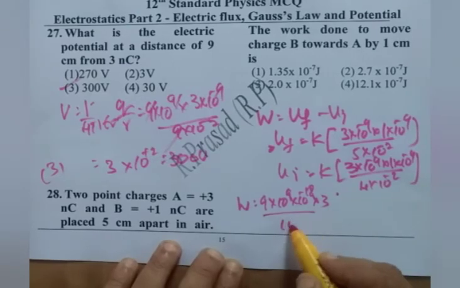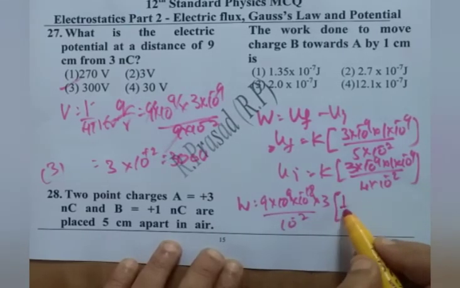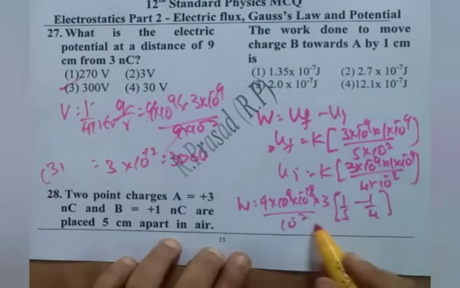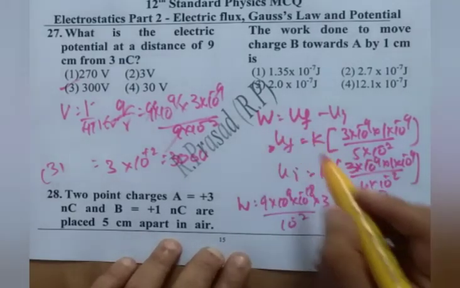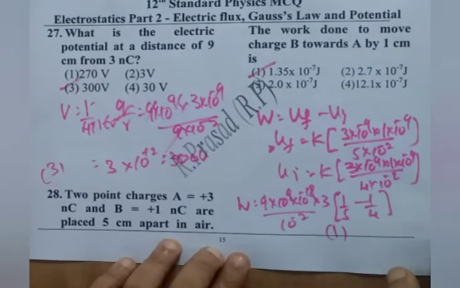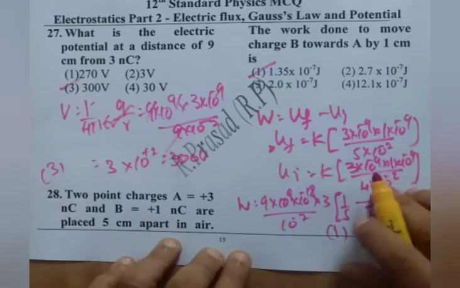Inside the bracket, we have 1 by 4 minus 1 by 5. After simplification, you get 1.35 into 10 raised to minus 7. Option 1 is right.